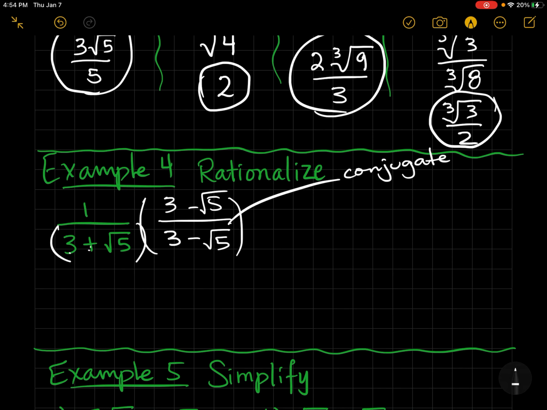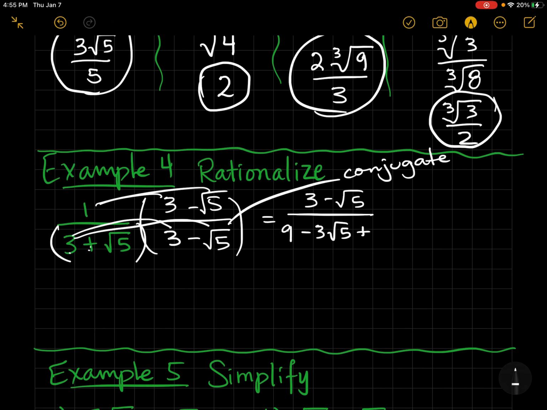Alrighty. And before we talked about how to multiply those together. So in the numerator, I have 3 minus radical 5 because all I did is multiply it by 1. But in the denominator, I have to do first, outer, inner, and last. Outer and inner are going to cancel.